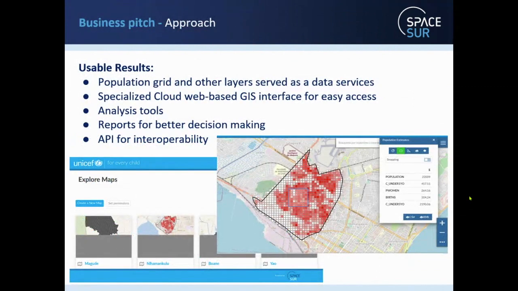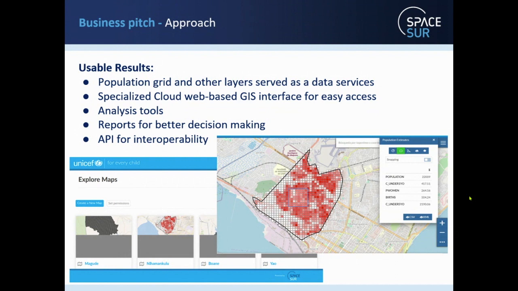Then the result of the whole solution is a population grid. Another layer serves as data services. Then you can define an area, and in this area you can get the specific data that you need for the distribution and the information that was very useful for making decisions in vaccine applications.